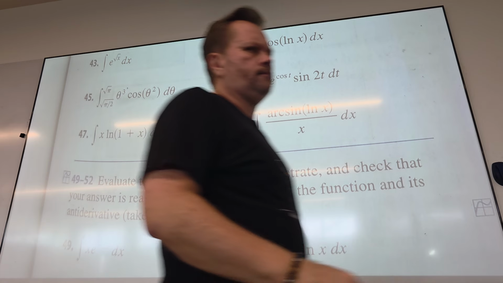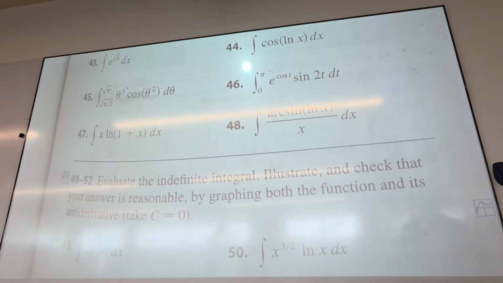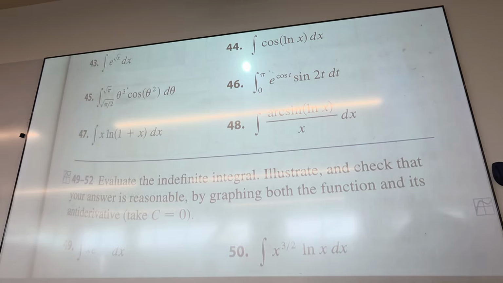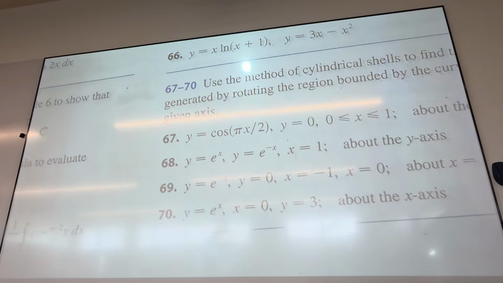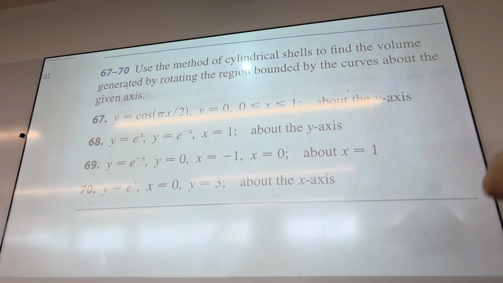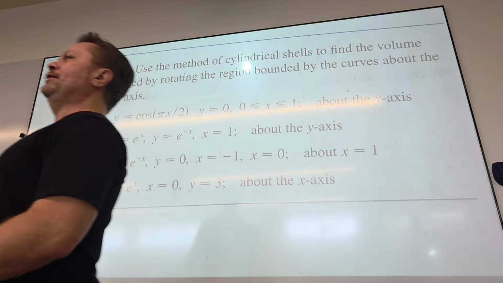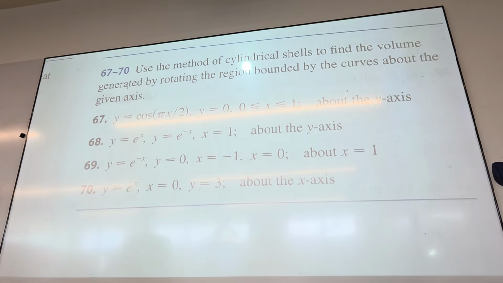Number 68. Oh, yeah. Sorry. This is really evil for my 180 class because we actually didn't finish this. So 68, treat that like a little bonus question. That's fine. Did most of you guys do cylindrical shells? Does this sound familiar? Okay.